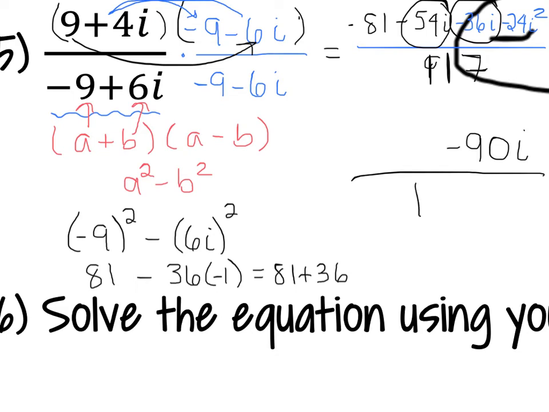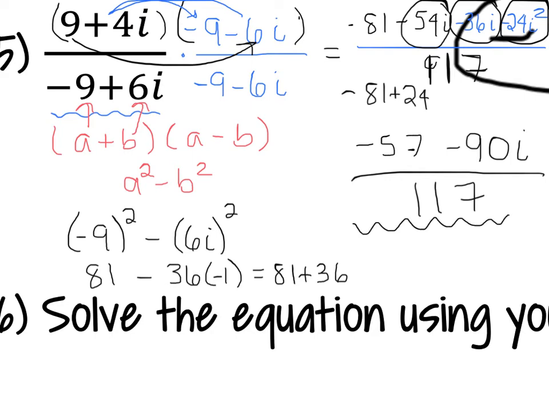Denominator is still 117. And then here we have negative 24 times i squared. Recall i squared is negative 1, so it's really going to be plus 24. So negative 81 plus 24, which will get me negative 57. So here we have our expression, negative 57 minus 90i over 117.